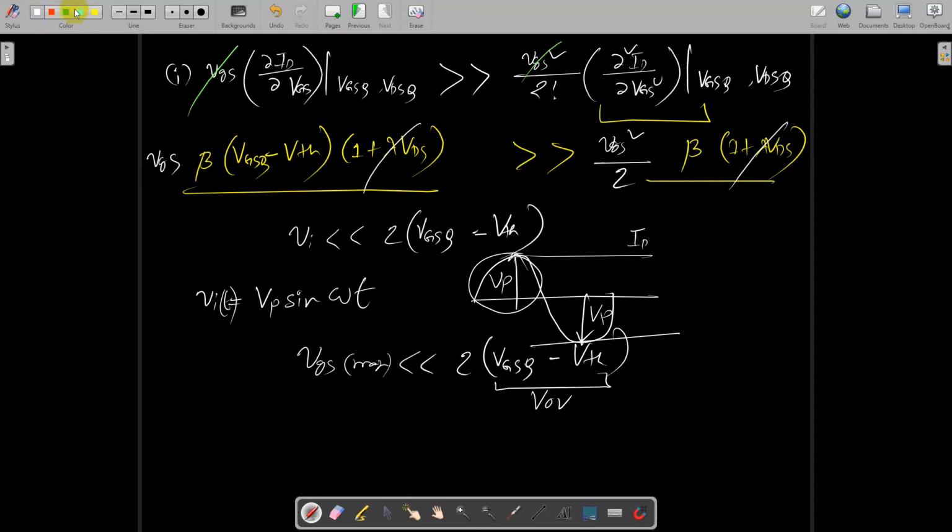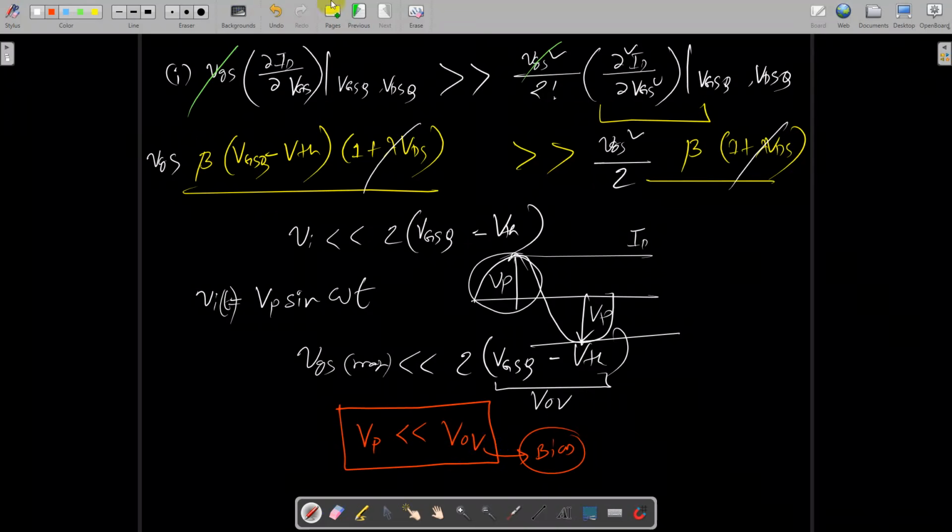So you can simply say that your small signal peak voltage should be less than your overdrive. In your bias picture you will set your overdrive, and after that you will apply your small signal, and your small signal peak voltage should be less than your overdrive to consider the small signal as small.